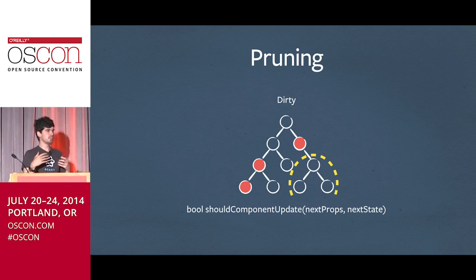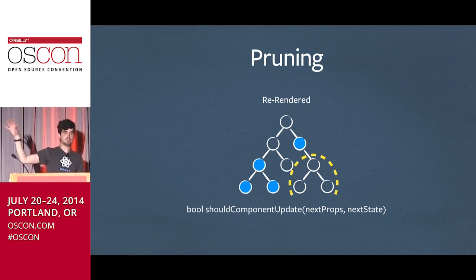And this is going to have the next props and state of your component, and the previous ones. And now you can do a diff between the two. And if nothing changed, you can tell React, no, don't re-render this. So in this example, in our re-rendering phase, we're just going to ignore this entire part of the DOM. And so you can actually get big speedups using this technique.